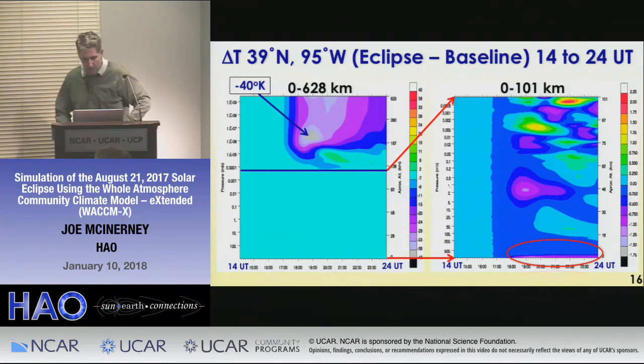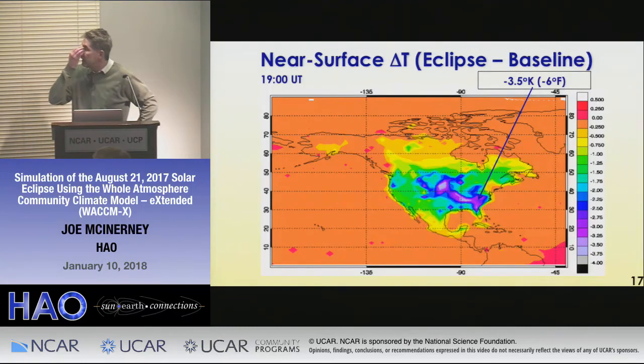I'll start with the bottom there, the surface. Here's a map over the United States. This is at 1900 UT on the day of the eclipse. This is where the eclipse was just going off the southeast coast of the US, and the arrow's pointed there to where the temperature decrease is due to the eclipse at this time.